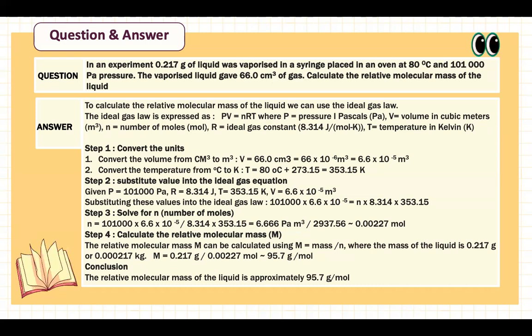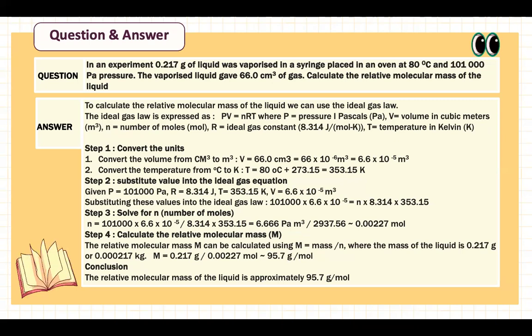To answer this question, we can use the ideal gas law. The ideal gas law is expressed as PV equals nRT, where P is pressure in Pascal, V is volume in cubic meters, n is the number of moles, R is the ideal gas constant, which is 8.314 joules, and T is temperature in Kelvin.